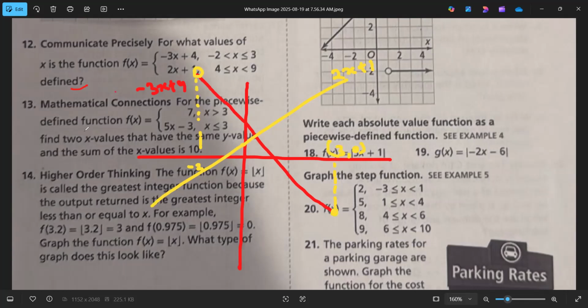Wait, I have a question. For the 3, shouldn't it stop at the X line? Why is the line continuing? It will not continue, because the line goes from minus 2 to 3 only. I know, but let's say the line intersects the X-axis at 3.